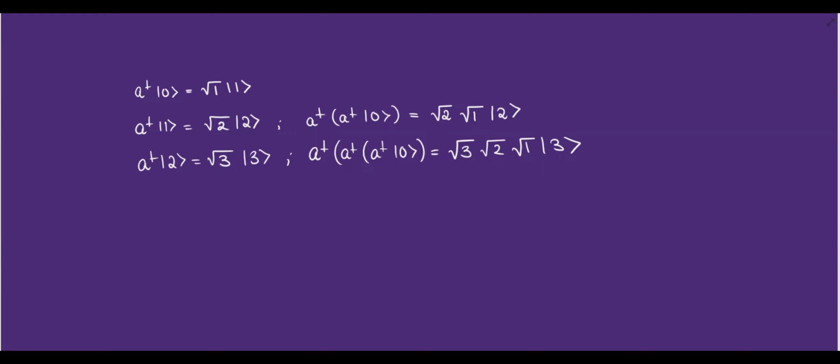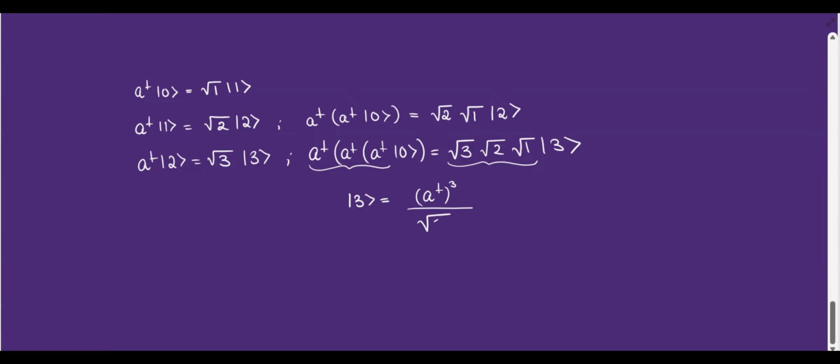So I can write the state 3 as, if I combine these together, A dagger raised to 3 divided by root of 3 factorial into the state 0.